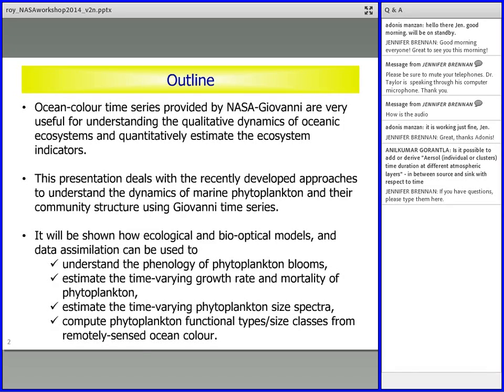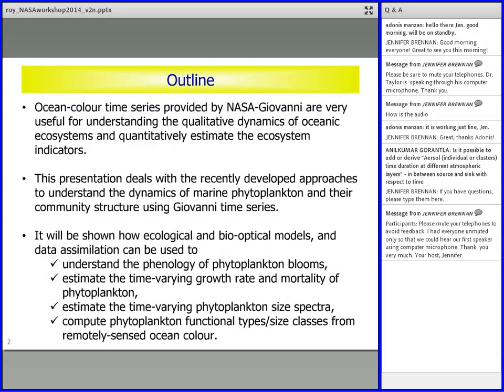In particular, I will talk about ecological models, bio-optical models, and data assimilation, and will show how these can be used to understand important aspects of plankton dynamics, namely how to understand the phenology of phytoplankton bloom, and secondly, to estimate important biological parameters and how they vary with time related to plankton dynamics.